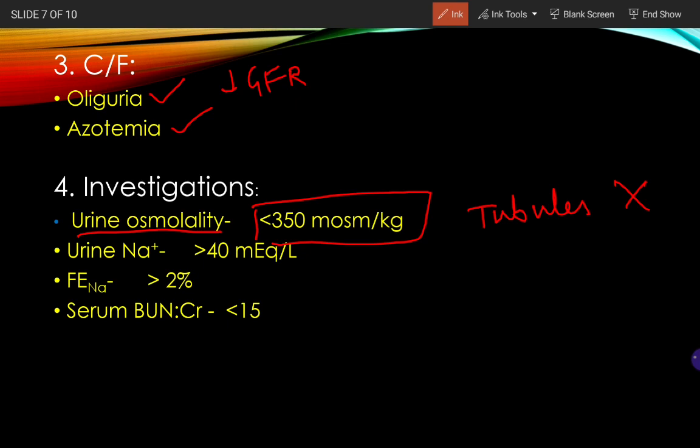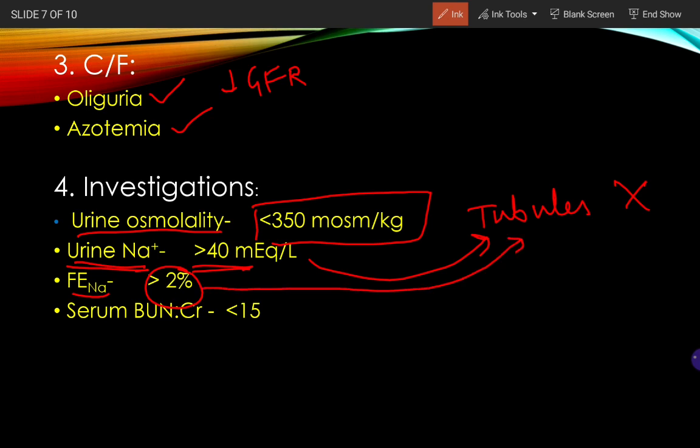In the same way, the urine sodium will be more than 40 milliequivalent per liter, which tells you that the tubules are not reabsorbing sodium and water appropriately. Again, this leads to the conclusion that the cause can be an intrarenal one. The fractional excretion of sodium will be more than 2%. That is, you will find more sodium in the urine, and this is again a feature of tubular damage.